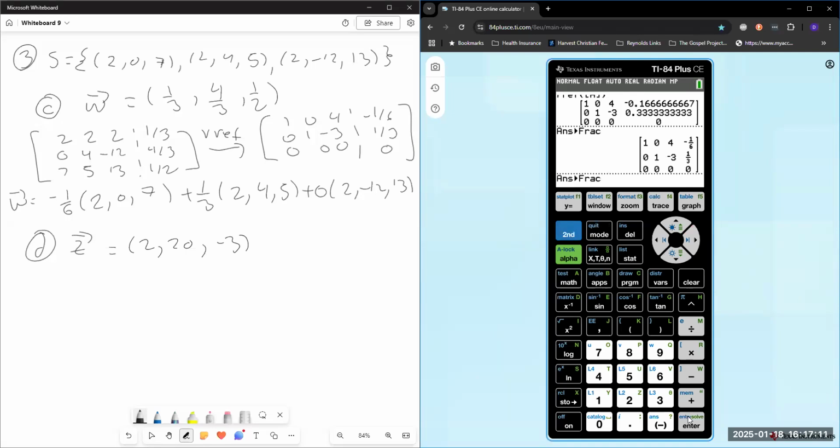So I need to get past that answer to fraction to get my RREF.